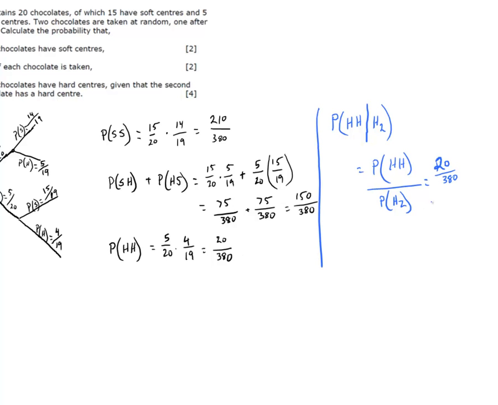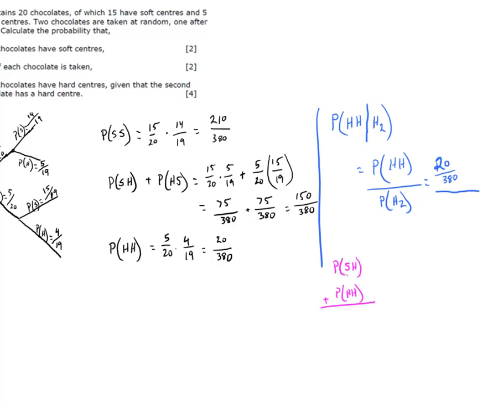What is the probability of both of them being hard? Divided by the probability of the second being hard. And this is where we need to think for a minute. The second being hard happens twice. We can have the probability of picking a soft and then a hard, or the probability of picking a hard and then a hard. Both of those give us a hard candy second. So we're going to find those probabilities and add those together.